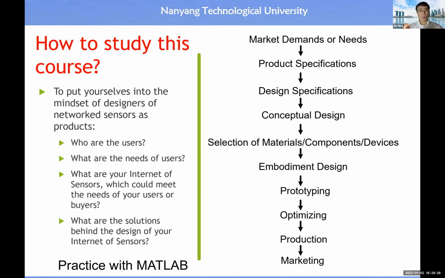Then what should be the answer to question number 4? The answer should be the study of this course. At the end of the study of this course, you should be able to know the solution behind the design of your future system or future product, which could be a sensor or Internet of Sensors, etc.